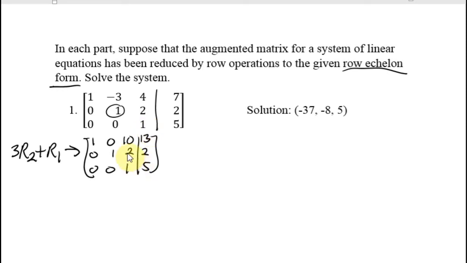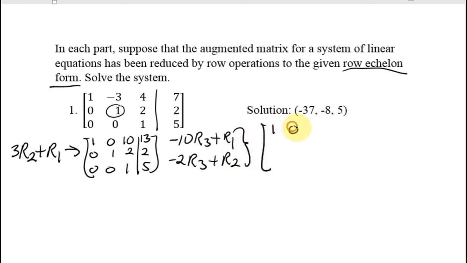And so now we're going to use the 1 at A33 to get zeros above it. To do that, we're going to simply say negative 10 times row 3 plus row 1, and then negative 2 times row 3 plus row 2.